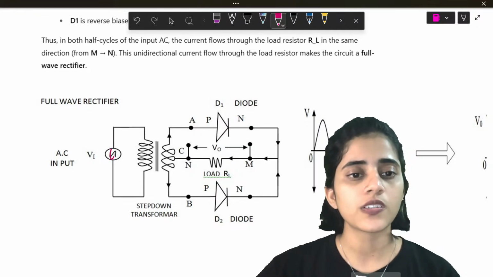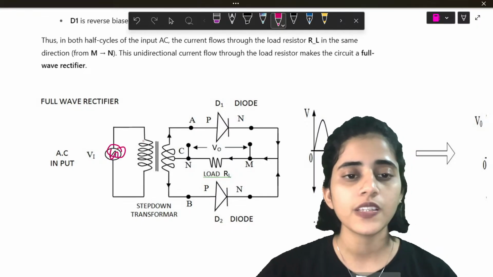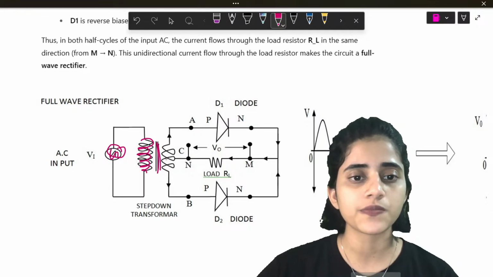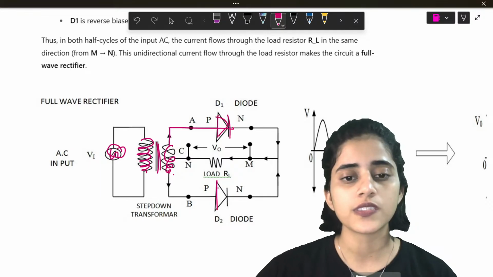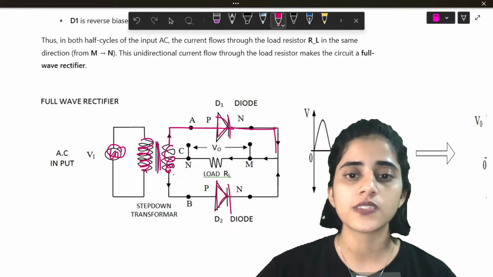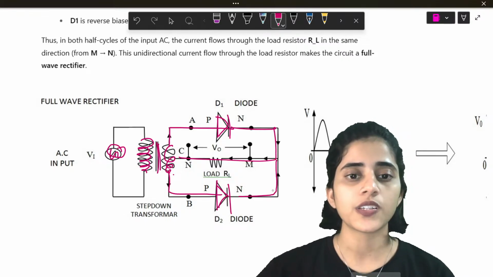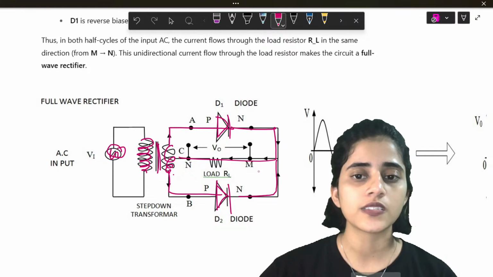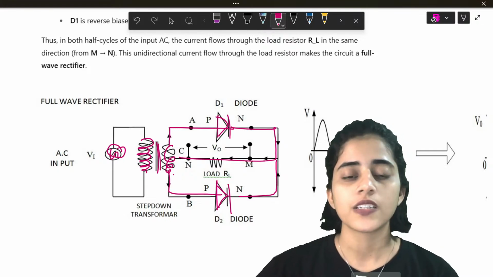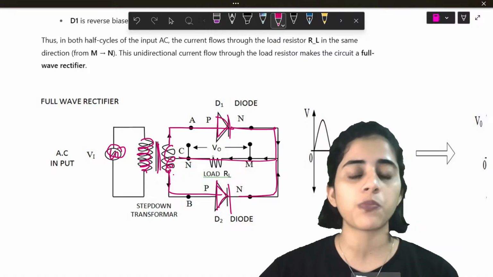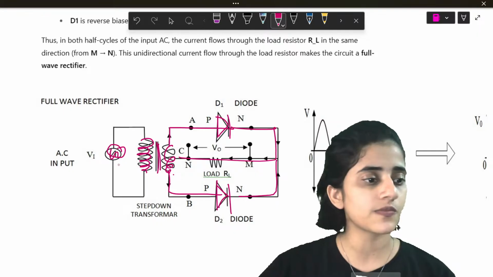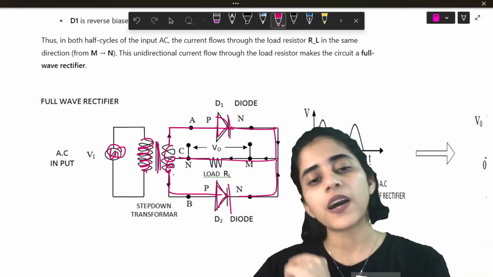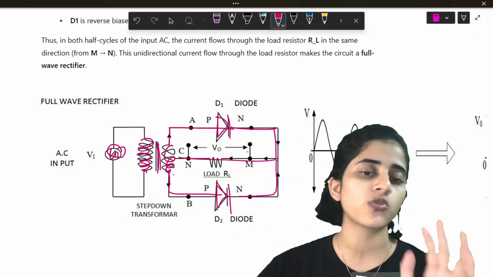So now this is the input AC, and then there is a transformer, and then there is a diode, another diode. You can see that during the first half cycle, current passes through diode D1, but not through diode D2.